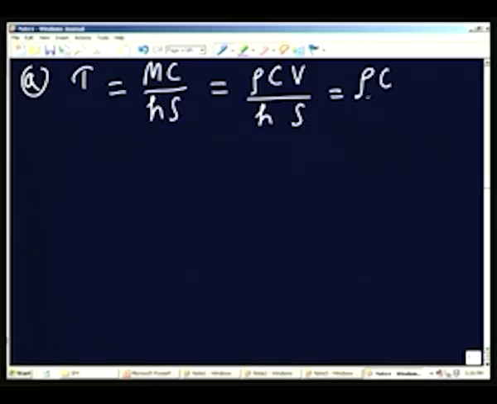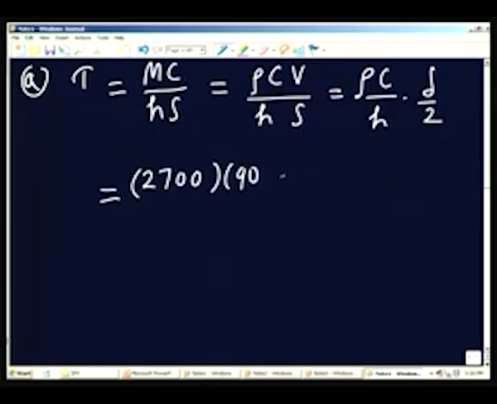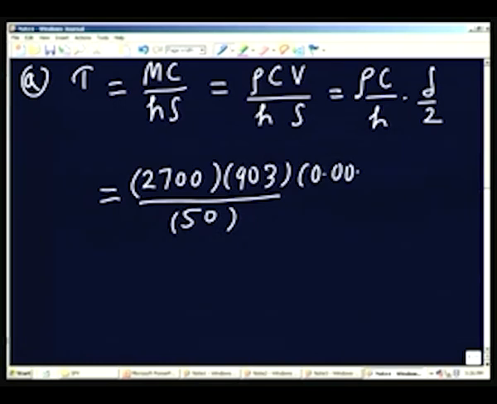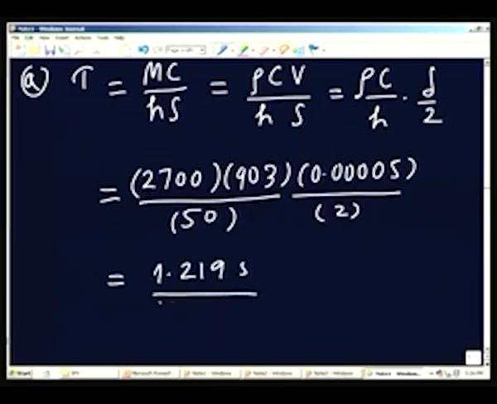Therefore, this becomes rho C by h into delta by 2. Now I can plug in all the values. Rho is 2700, C is 903, h is 50, and delta is 0.00005 divided by 2. So, the time constant comes to 1.219 seconds. The time constant of this particular system is 1.219 seconds.